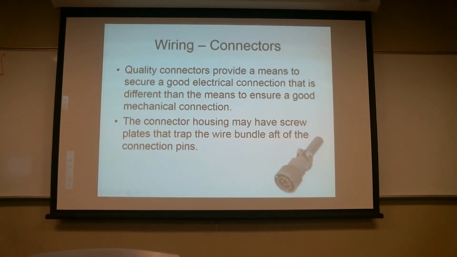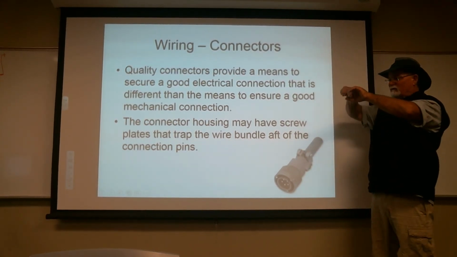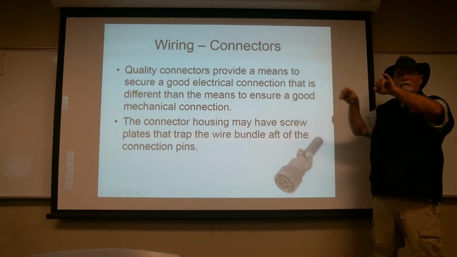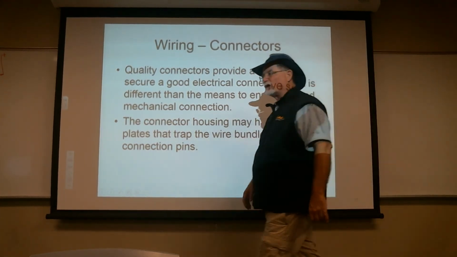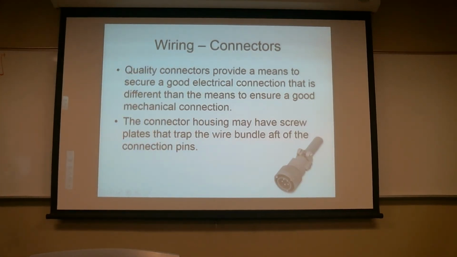It's also fairly common to put in a strain relief, some heat shrink wrap or a rubber grommet that's also clamped in here. So now with that strain relief, the wire won't work right there. It works over the distance of the strain relief. Now the two are somewhat separated: mechanical connection, electrical connection.